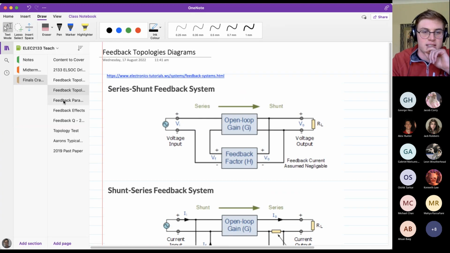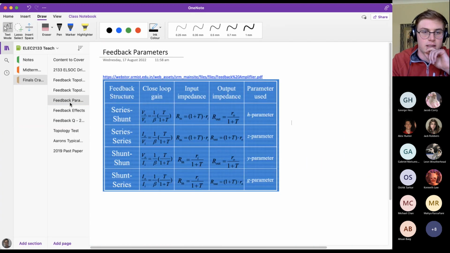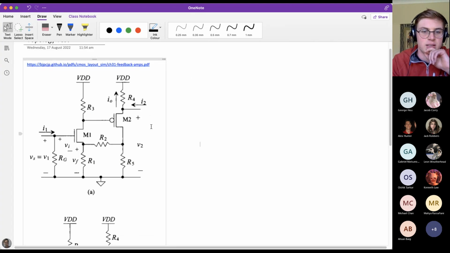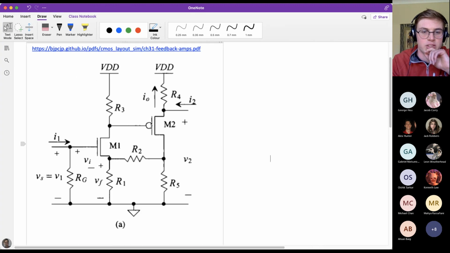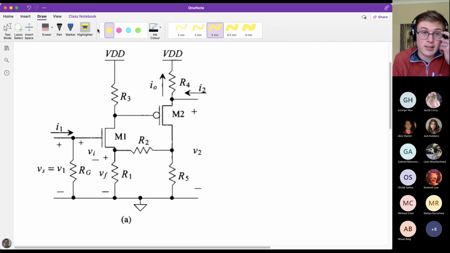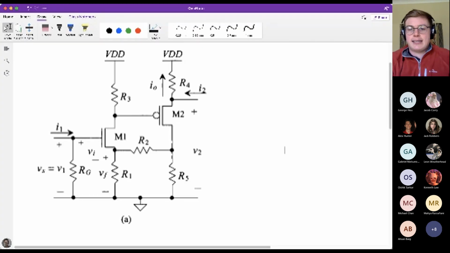Just as a quick test to see where we're at, can anyone tell me what the topology of this circuit is? We have input as V1, and then our output is going to be V2. V2 is this voltage at this node. Any ideas? Any ideas?